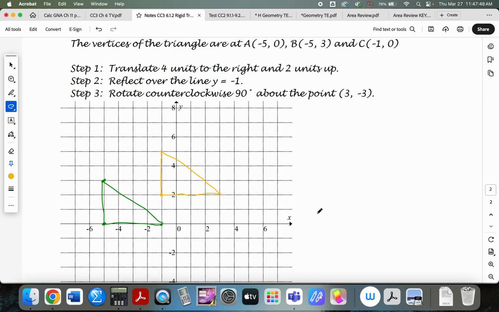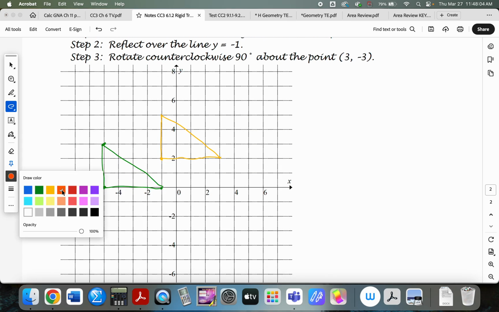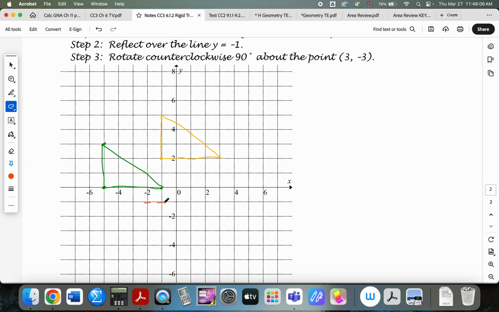So it should look exactly the same. It's just been translated. It's been slid to a new place. Reflect over the line y equals -1. So let's do a different color. So we're reflecting it over this line.